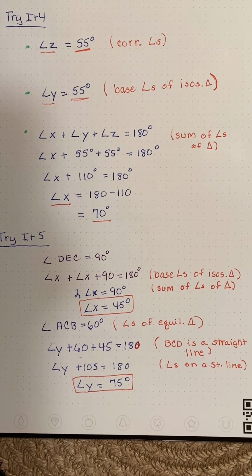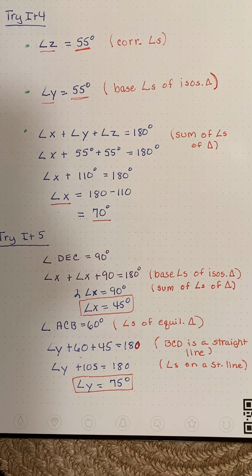It also says DA is parallel to BC, setting up some corresponding angles for us, which we need to know to figure out what they want us to figure out. And they tell us now to find the measures of angles X, Y, Z within that triangle.